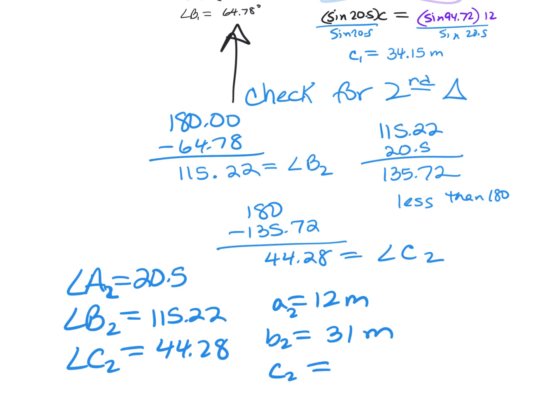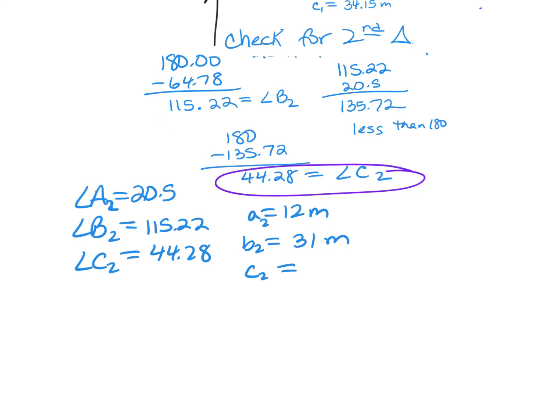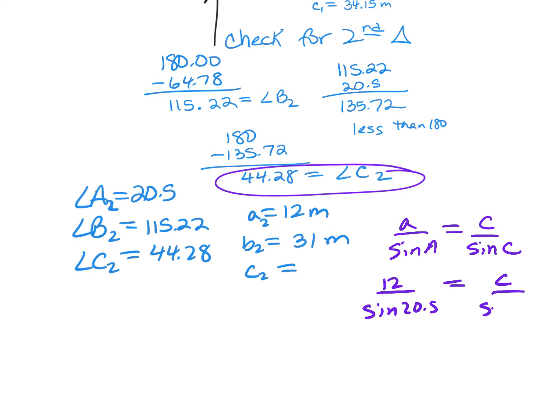But side C is going to be different because I have a new angle C for my proportion. So to find the new C, I'm going to be doing A over sine A equals C over sine C, and this is going to be 12 over the sine of 20.5 equals little c over the sine of 44.28.